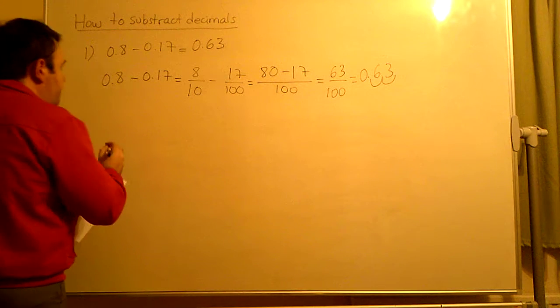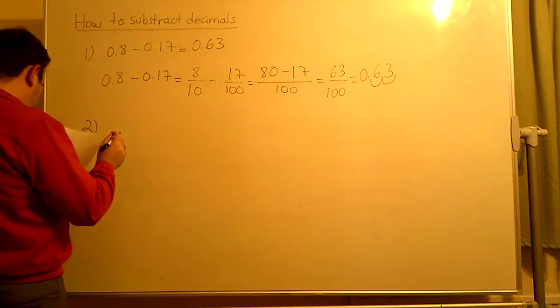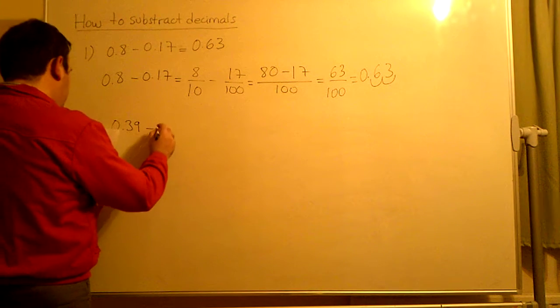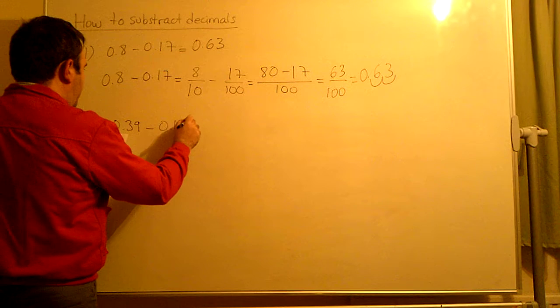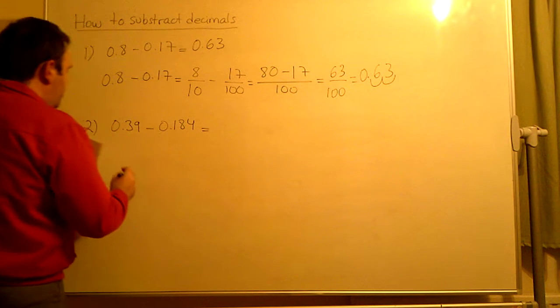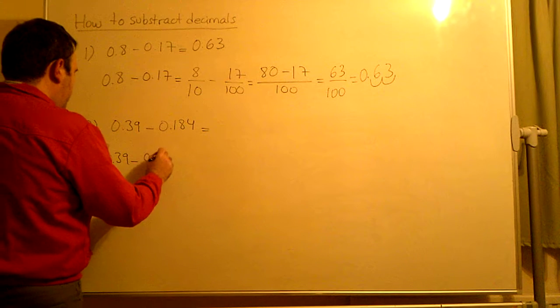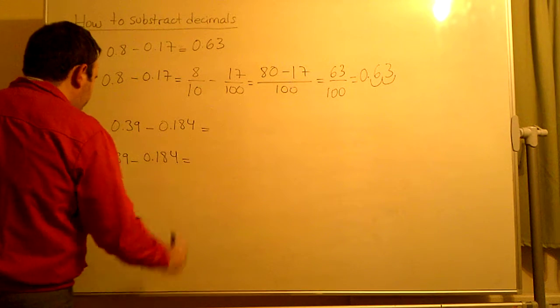Another example. This would be 0.39 minus 0.184. So we're going to write it down here, 0.39 minus 0.184.